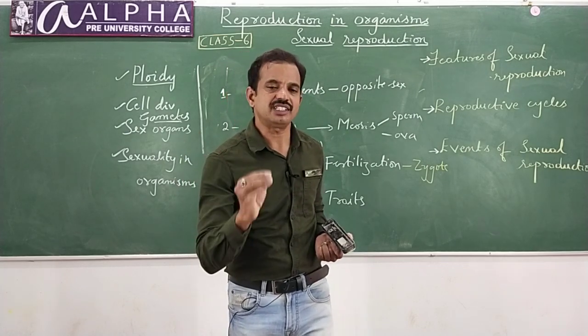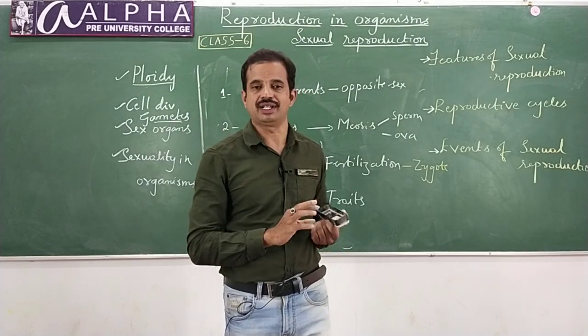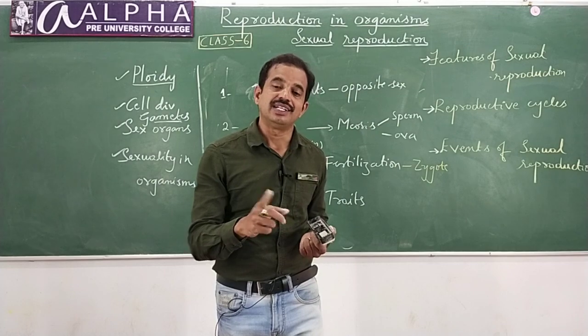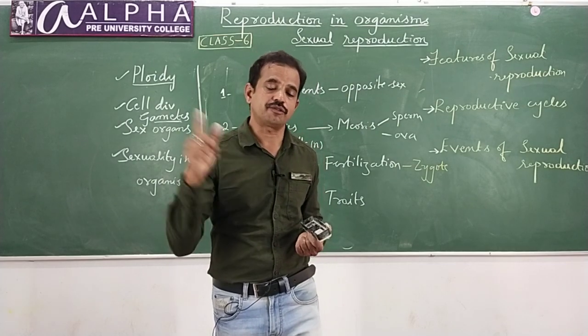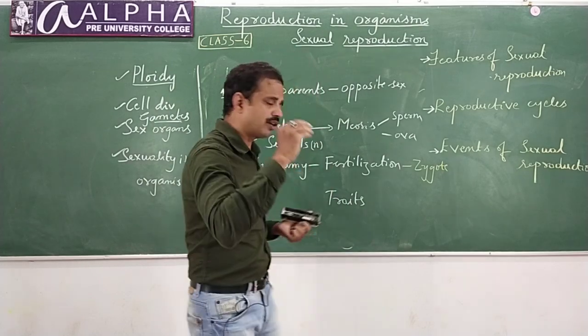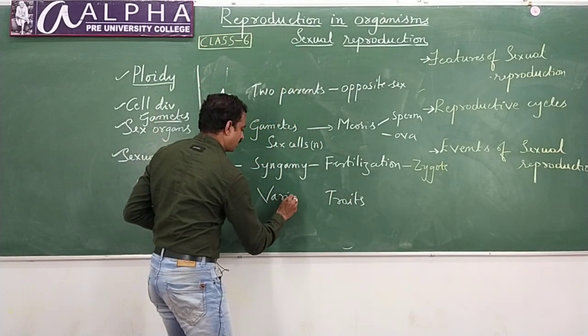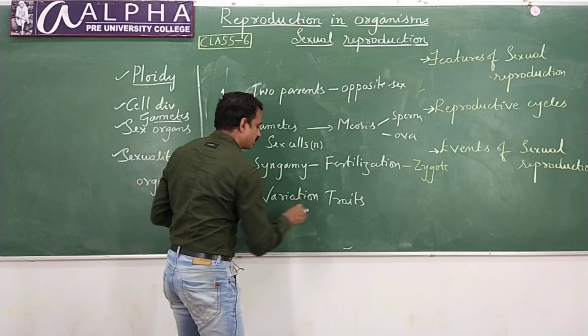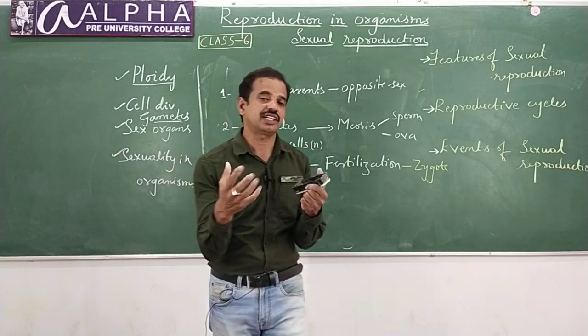The offspring is not a copy of the parents, nor of its siblings. And we call this very character variation. Sexual reproduction results in variation, differences in the characters.